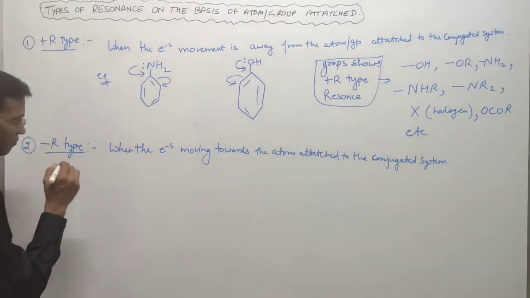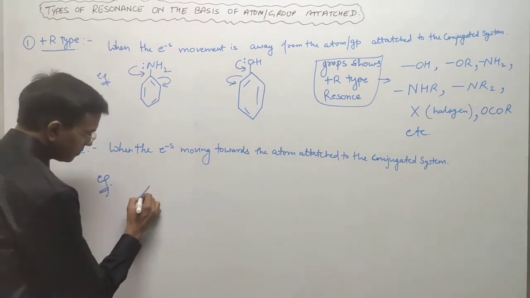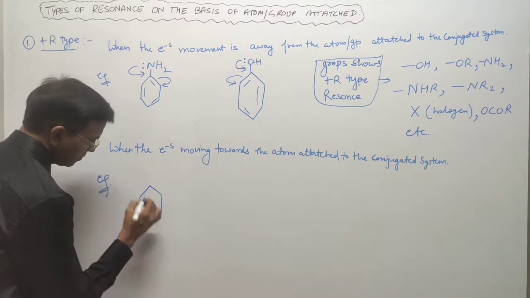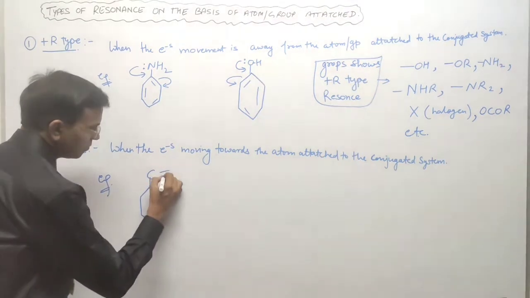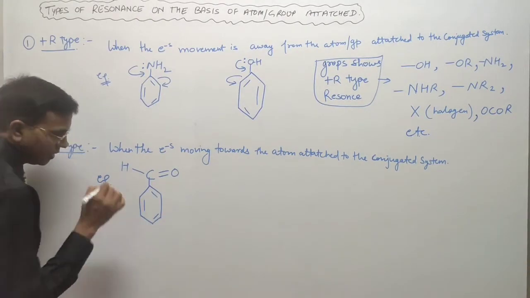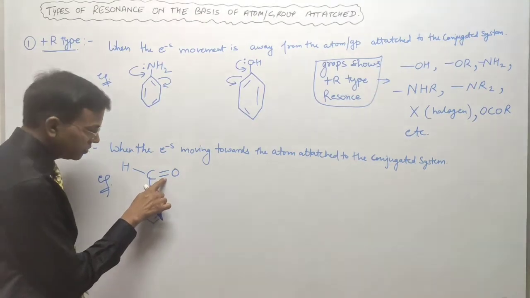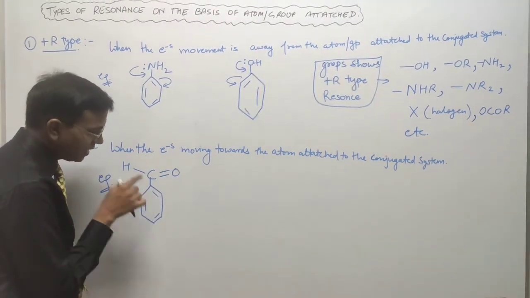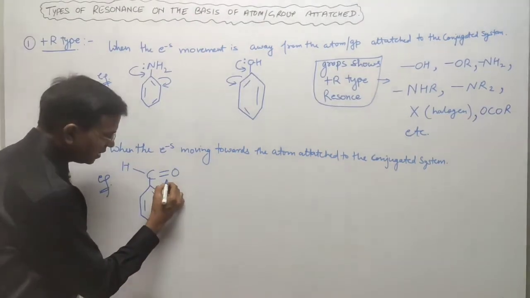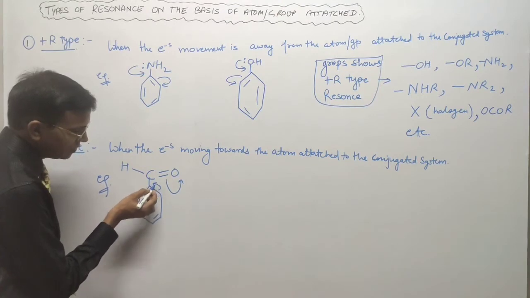For example, this is benzaldehyde, and here the pi electrons, sigma bond, and the pi electrons are in conjugation. Oxygen is more electronegative than carbon; it withdraws electrons. So here these electrons come this side.